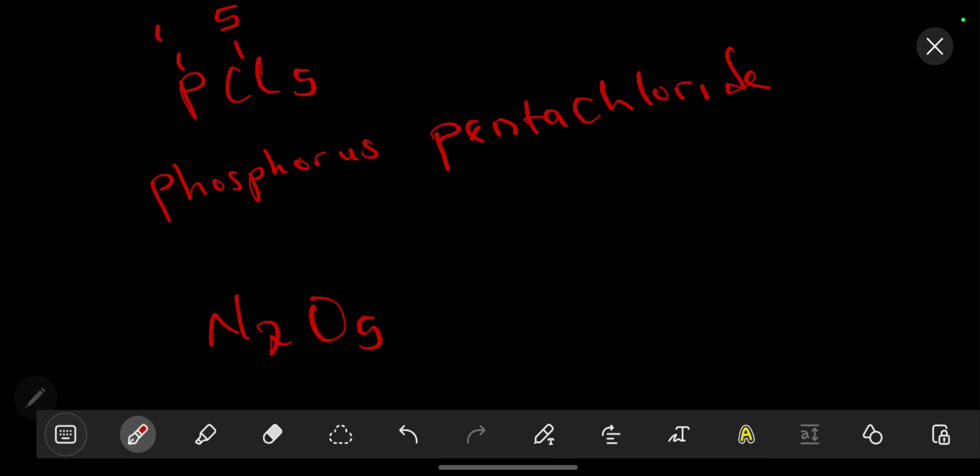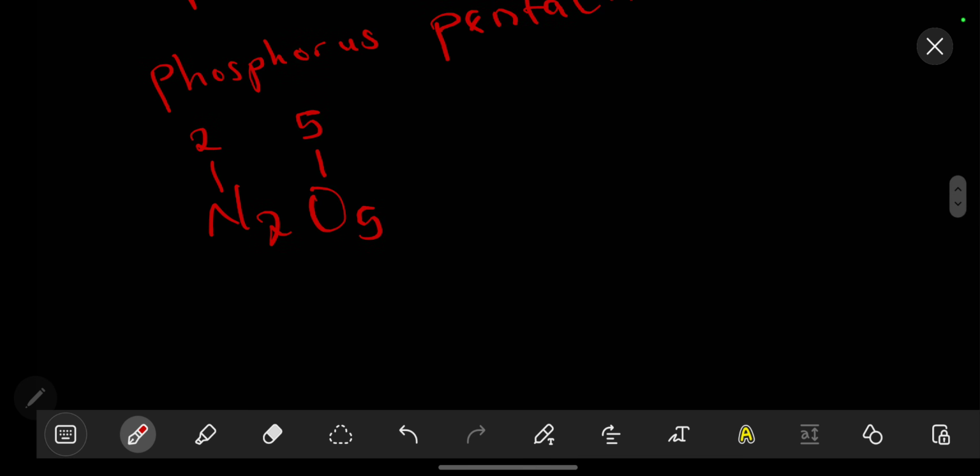So if we have N2O5, we have 2 nitrogens, then we have 5 oxygens. So we are going to say this one is dinitrogen. So di means 2.